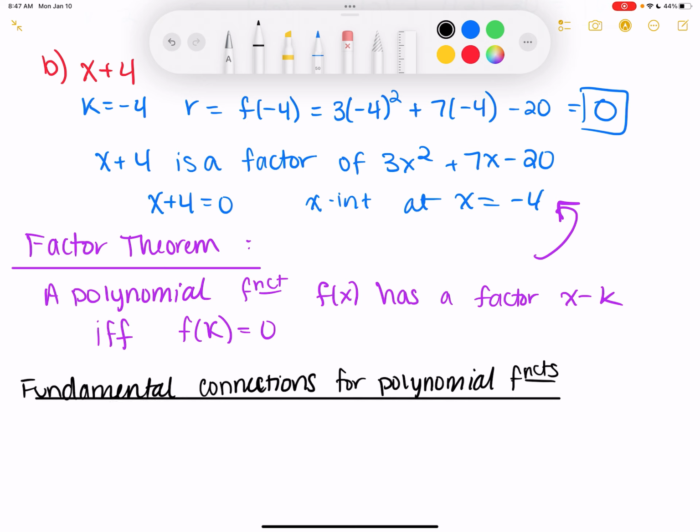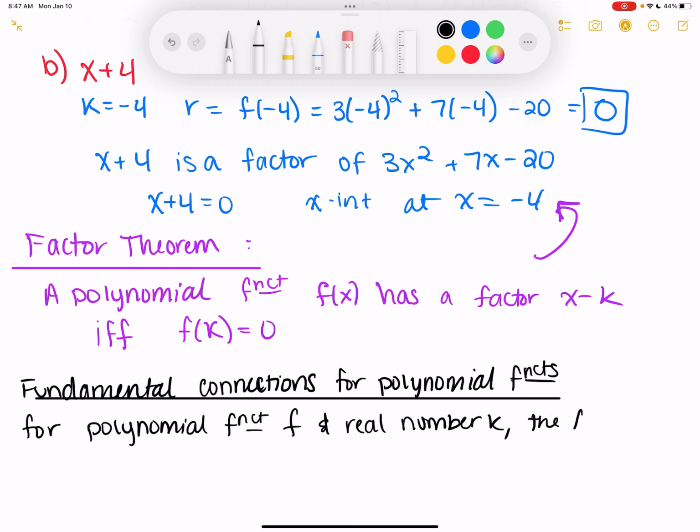There we go. Okay. So for polynomial function f, and real number k, the following are equivalent.